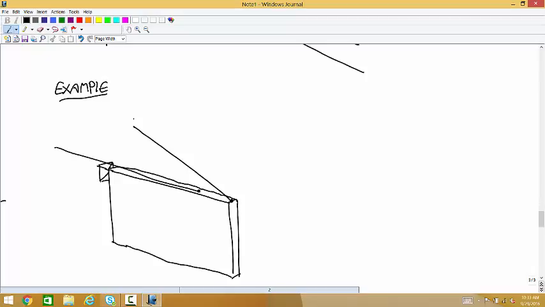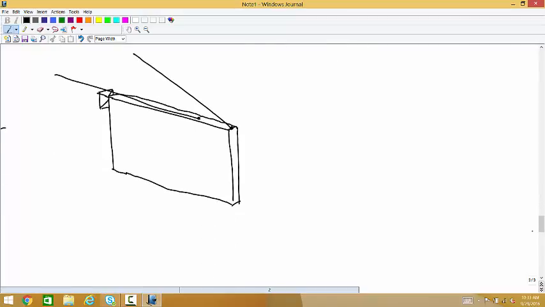And now I'm going to give a bunch of dimensions for this. Let's say that first cable is connected 2 meters from the end of the sign. And then there's another ½ meter to get from that to the far end of the sign. And the height of the sign is 1.5 meters.